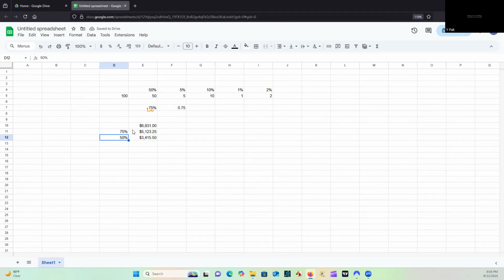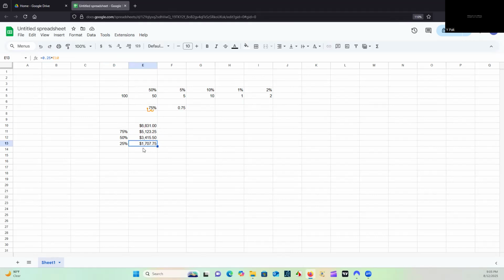So 50% of this is 3,415.50, which is halfway between 0 and this. Well, what's 25%? Well, that's just equal to 0.25 times this. That's $1,700. So 25% of $6,800.